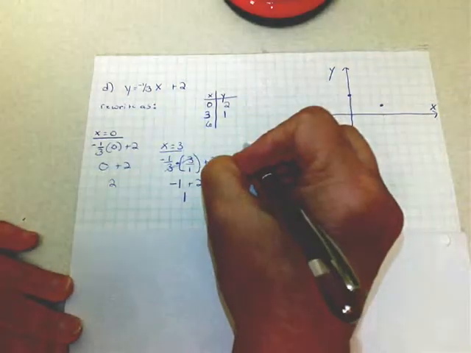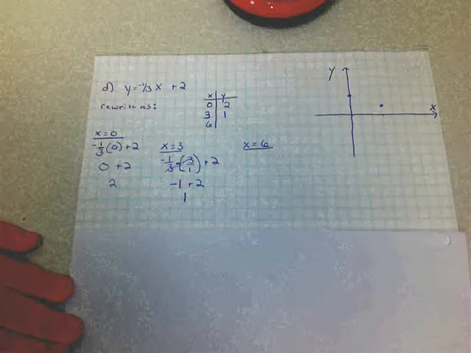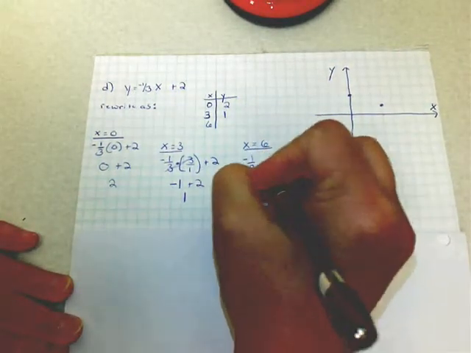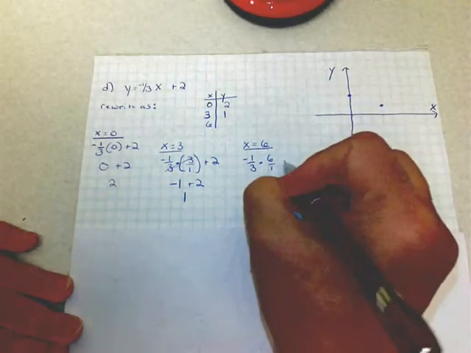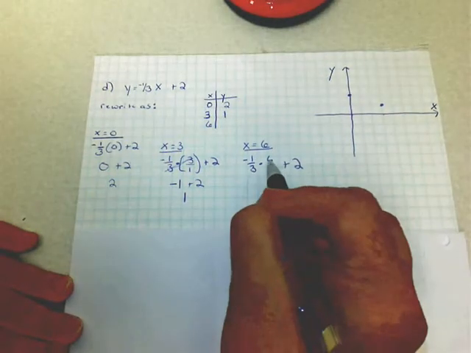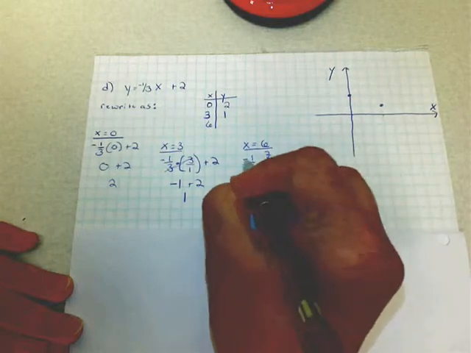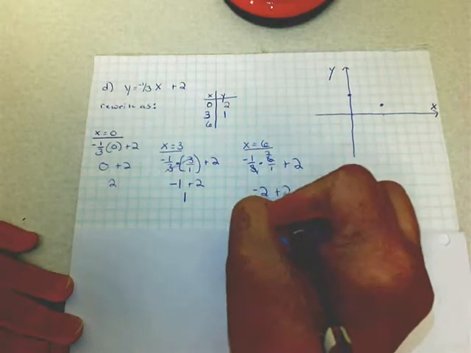Now I let x equals 6. When x equals 6, I get negative 1 over 3 times 6 over 1 plus 2. Well, 3 goes into 6 twice. So negative 1 times 2 gives me negative 2 plus 2.